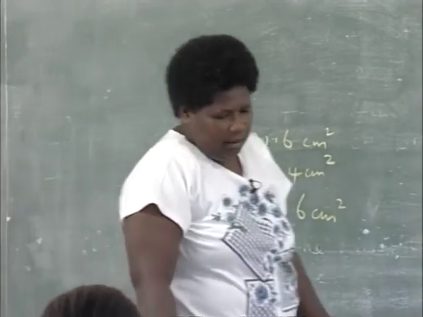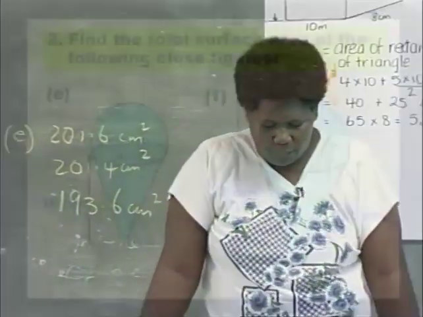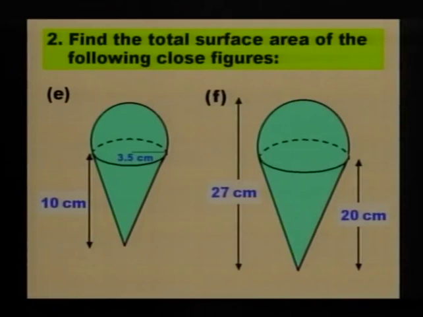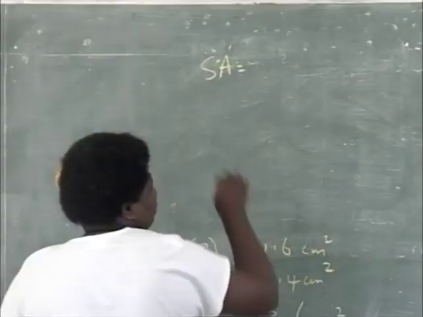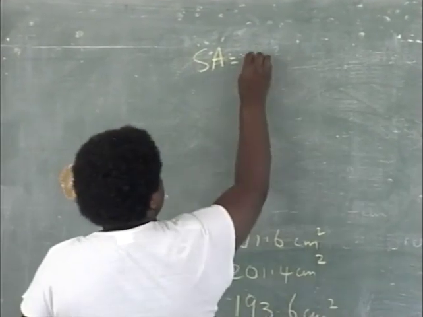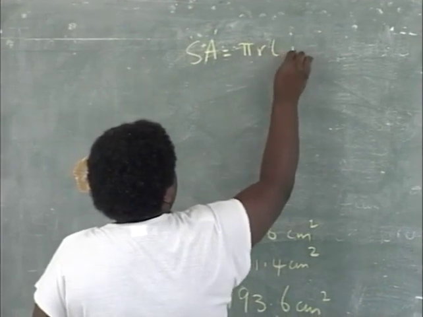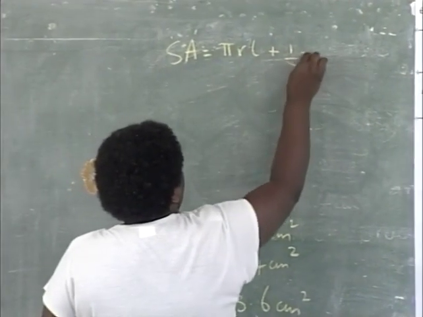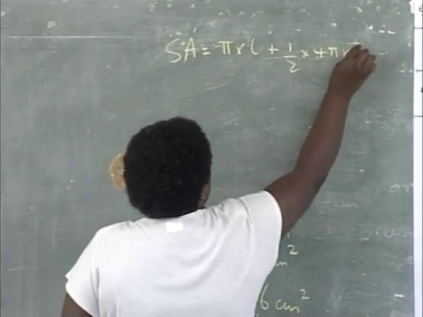Okay. The figure is made up of a cone and a sphere. Is it a hemisphere or a whole sphere? A hemisphere. So the surface area will be equal to, note it's a closed one, pi r l plus half of 4 pi r squared.